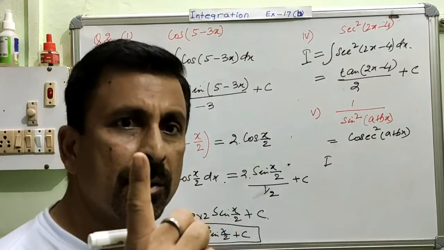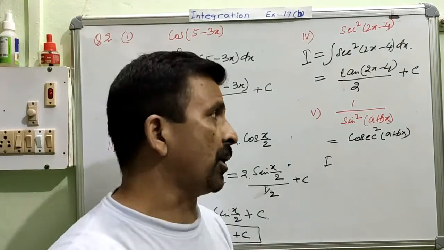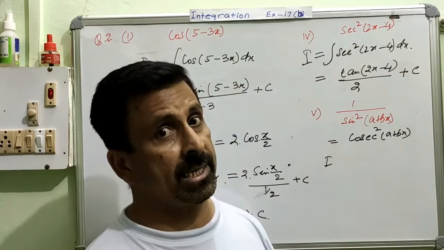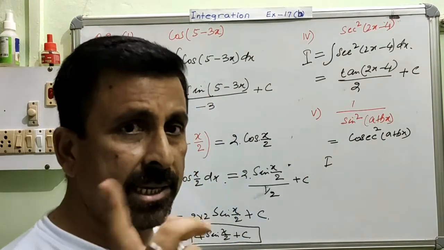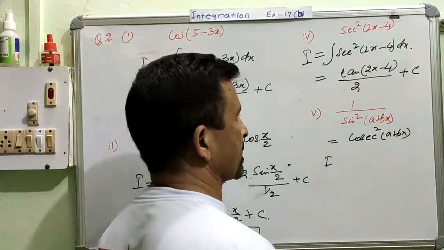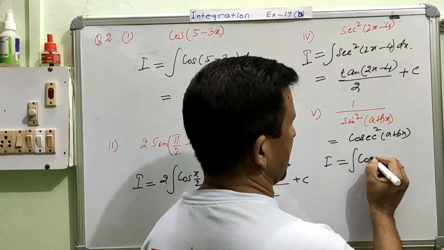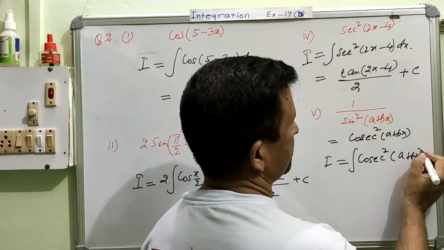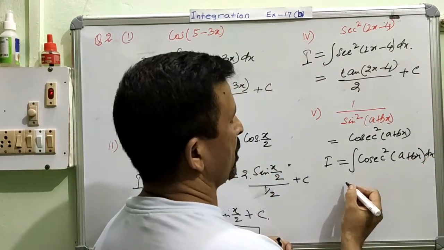Because we know that this is the derivative of cot. And you remember, when the function was cot, its derivative was negative. That means when the quotient is positive, the answer is negative, that means the sign is different. So here also it will be different. So let us first of all write it: cosec square of a plus bx dx.